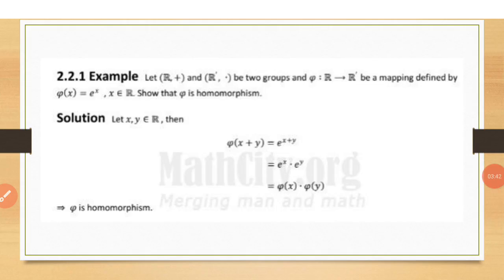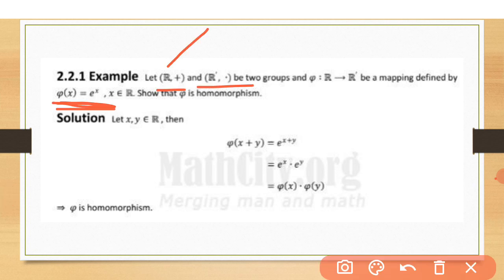Phi of x is equal to e raised to power x. It is a function. We give the value to x, that is the domain, and the answer will be the range. So we have a function on the real numbers with respect to addition.